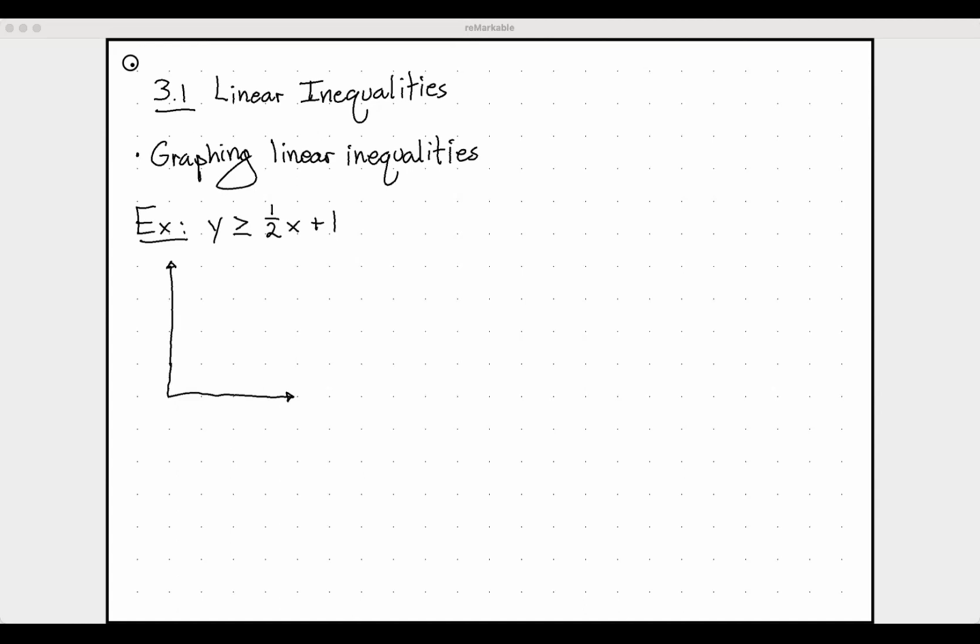First thing I would do is take a look at the y-intercept. It's equal to 1. So I can graph 1 point on my graph already, 1 on the y-axis. And then I would take a look at the slope. That's 1/2. So I know that I should go over 2 and up 1 as I move forward.